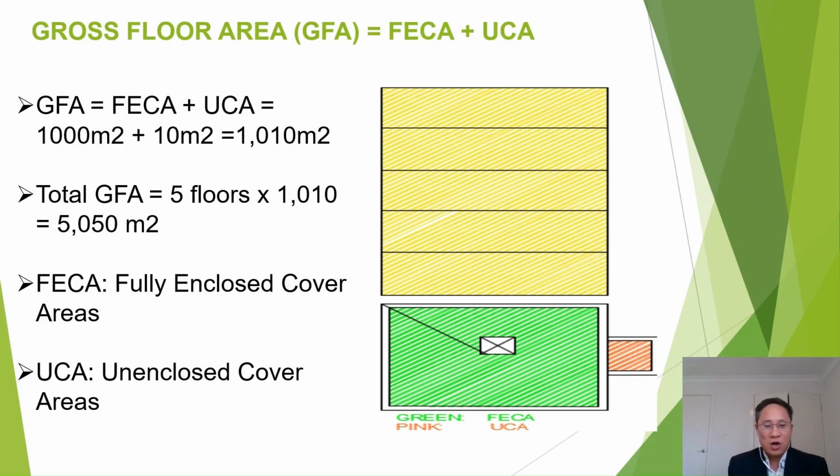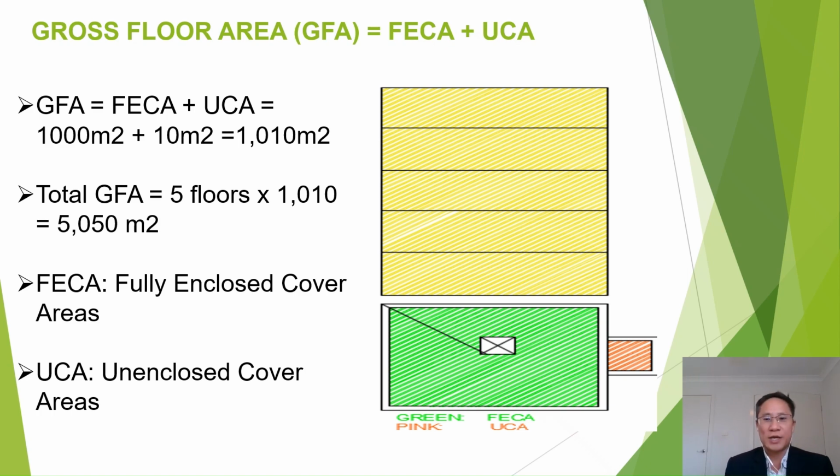Many of us who are working in the construction industry have heard about gross floor area and construction floor area, and in many situations we may use the GFA or CFA to calculate the construction cost per square meter, but there may be some misunderstanding between gross floor area and construction floor area.